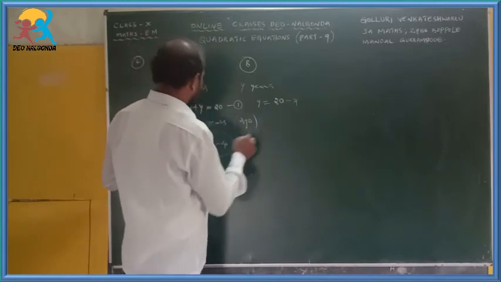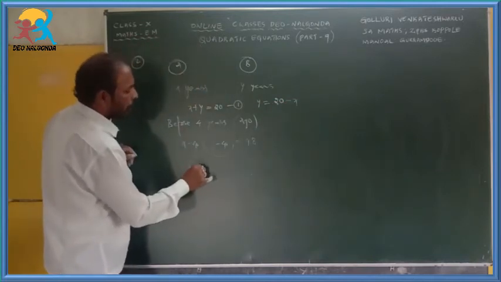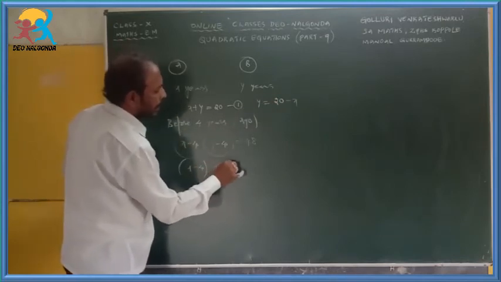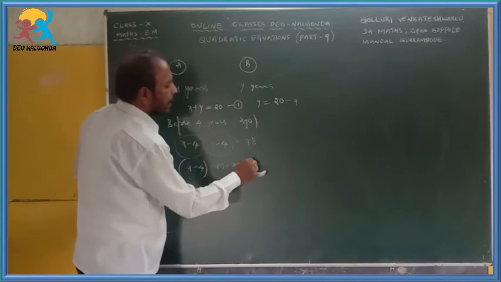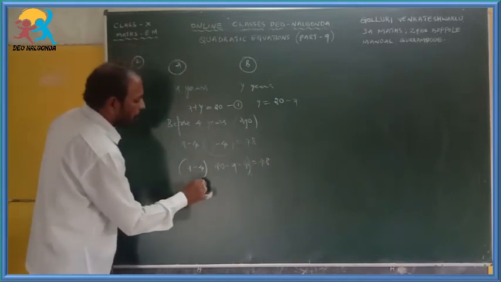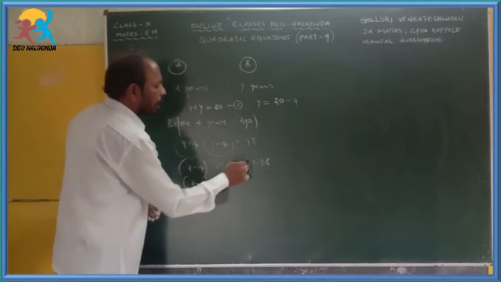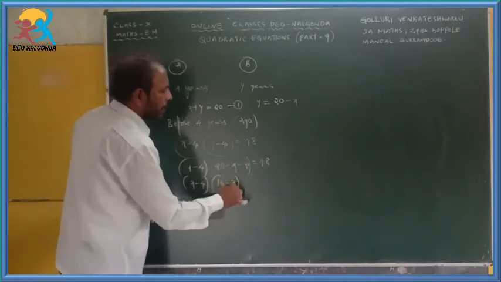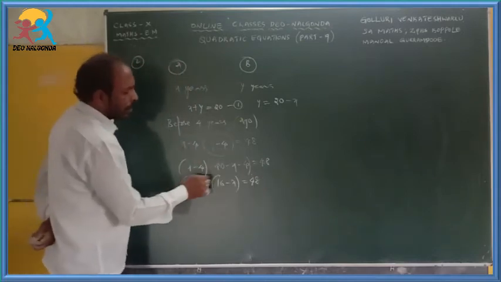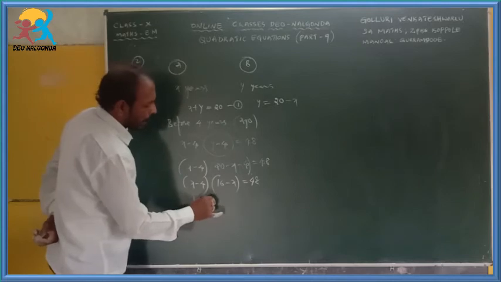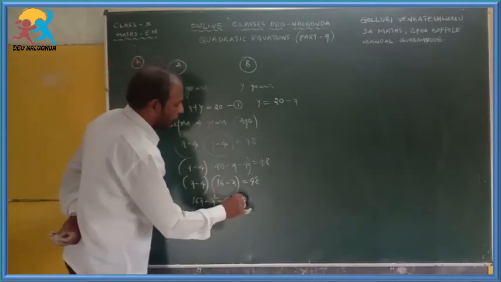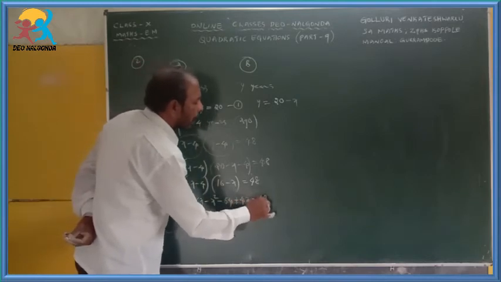So x minus 4 into y, where y is 20 minus x, minus 4, is equal to 48. So x minus 4 into 16 minus x is equal to 48. Multiplying these two linear factors, 16x minus x square minus 64 plus 4x is equal to 48.